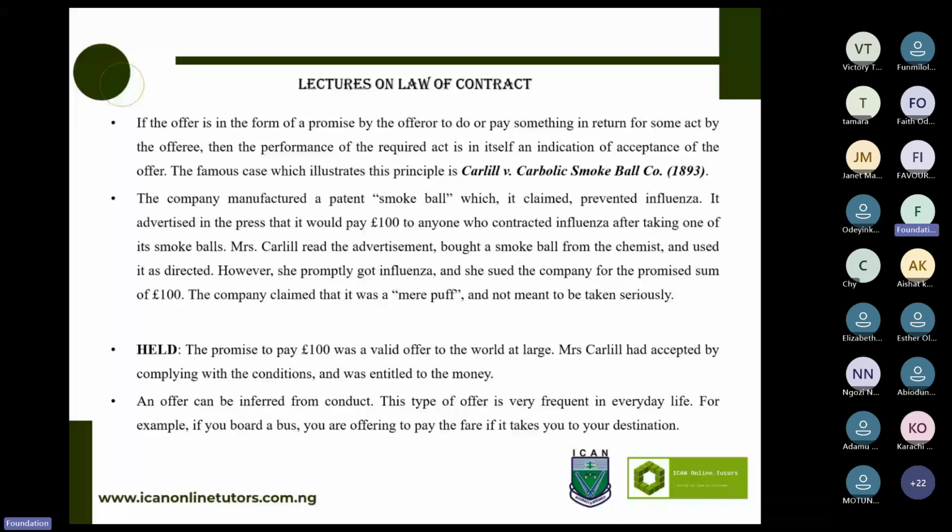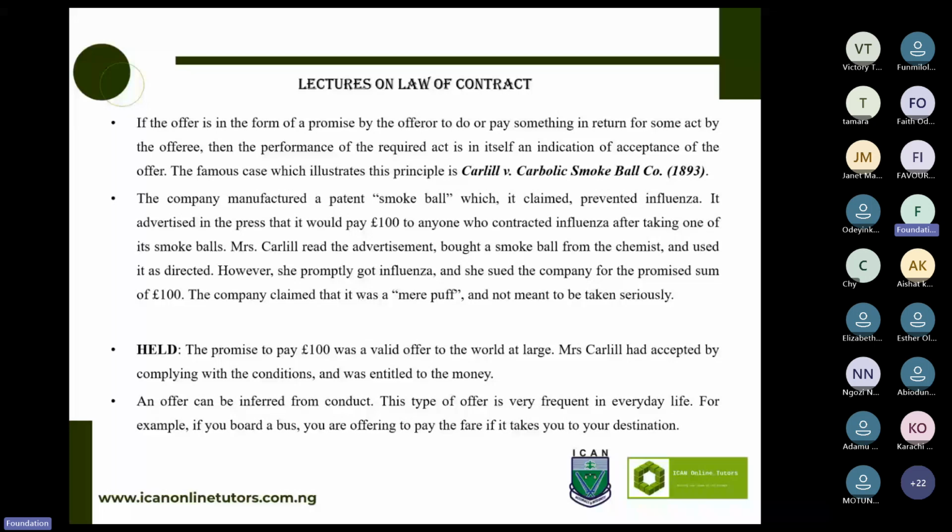Therefore, you know that the promise is, if you use our products, it will cure you from this disease. You will never contract this disease. So if anybody uses our product and contracts this disease, come to us. We are going to compensate you. That is the height of how much they believe in what they produce.